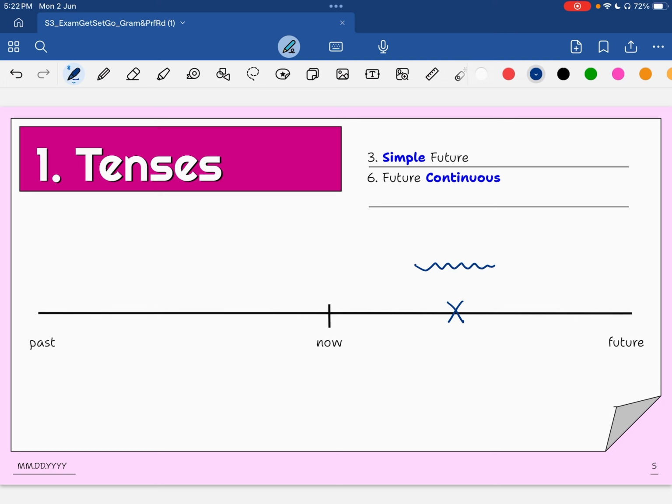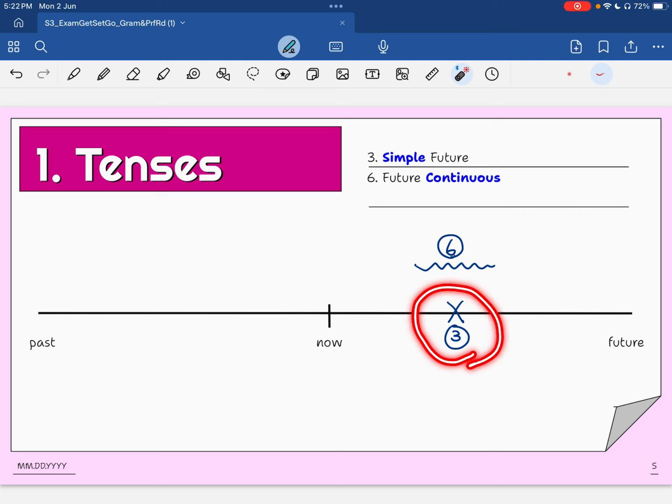The cross would be about simple future, and the curve would be about future continuous. Why? As you can see, the cross, we only talk about one specific time here, okay? However, for future continuous, we talk about a long action.